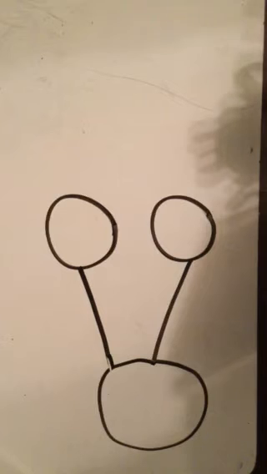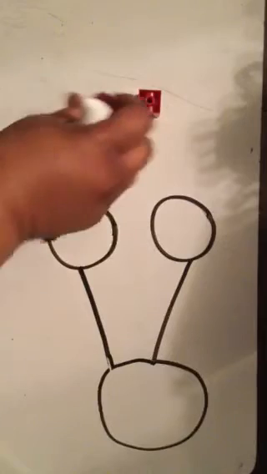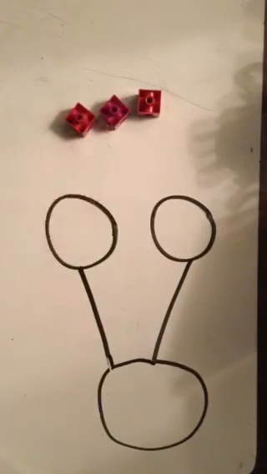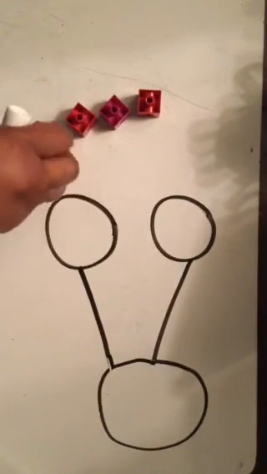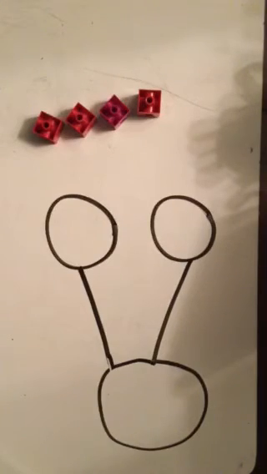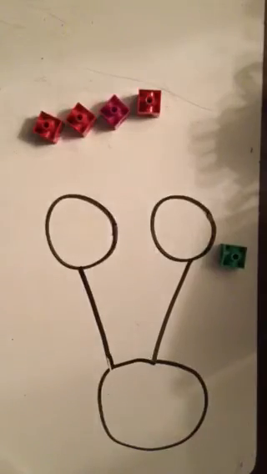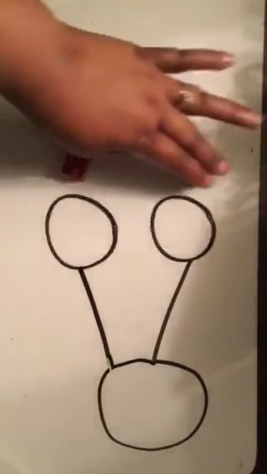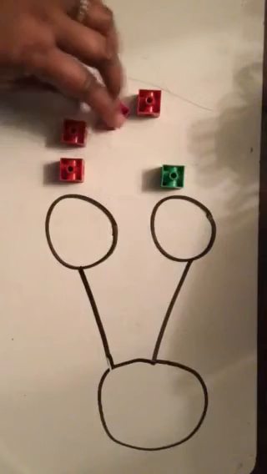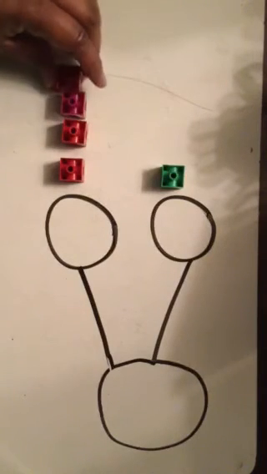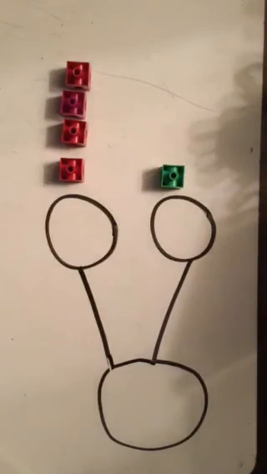This time, I've got 1, 2, 3, and 4 red cubes, and I've got 1 green cube. 1 green cube and 4 red ones.